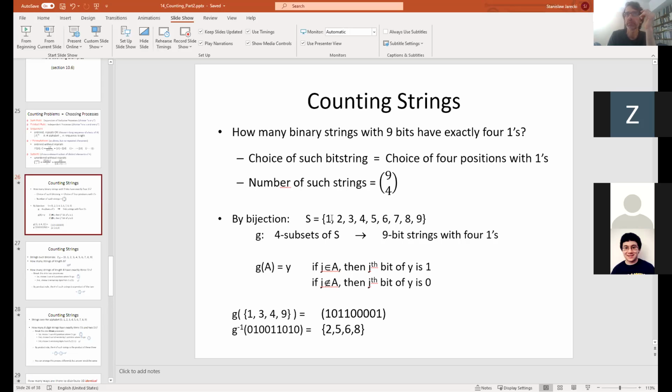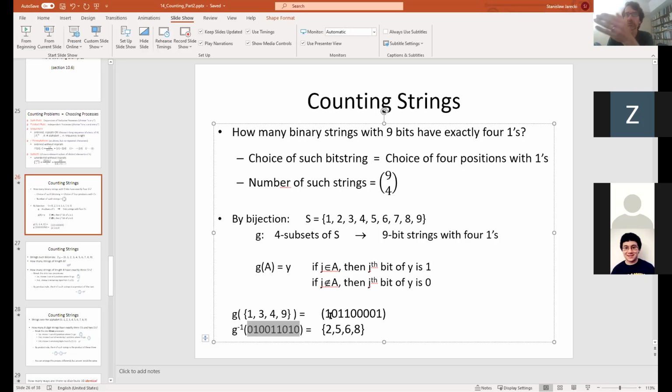So, for example, this string represents what subset? 1 is not there because the first bit is 0. 2 is taken because this bit is 1. 3 is skipped, 4 is skipped, 5 is taken, 6 is taken, 7 skipped, 8 taken, 9 skipped. And that's the set this bit string corresponds to.